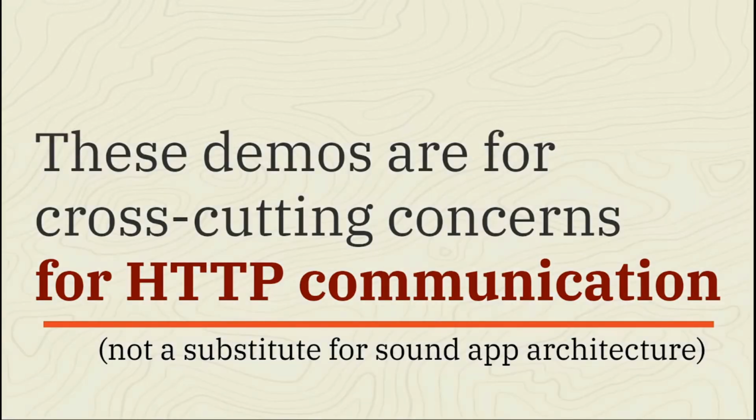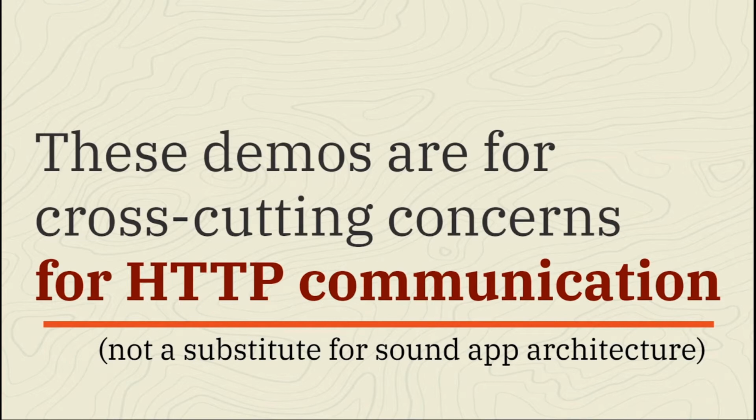Now, before we get into the code, I also want to make a caveat here. This is about how we handle cross-cutting concerns as it relates to HTTP traffic. Cross-cutting concerns in general are something that you need application architecture to help you handle. This is particularly for HTTP-related stuff.